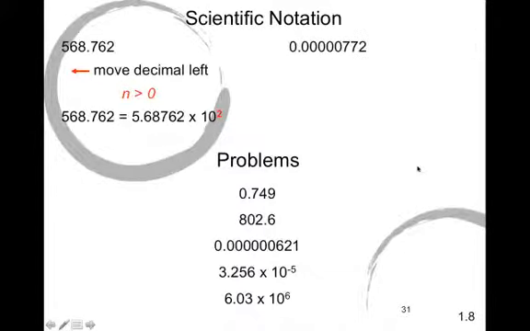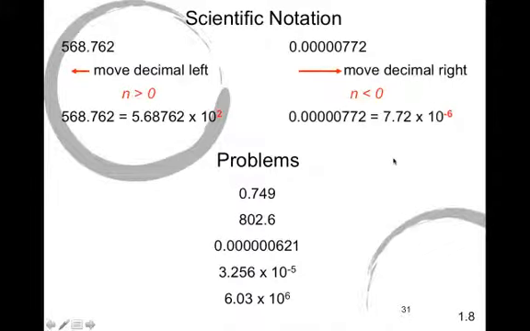This number, we're going to move the decimal to the right. As we're moving it to the right, we're going to have a negative exponent. So I count over 1, 2, 3, 4, 5, 6. 7.72 times 10 to the negative 6. This number is less than 1, so it's a negative exponent. So what would the first problem here be?